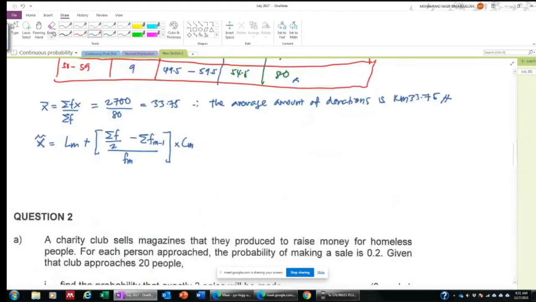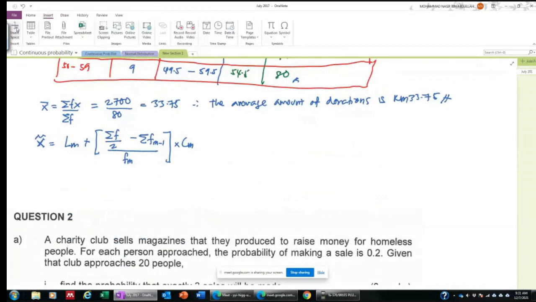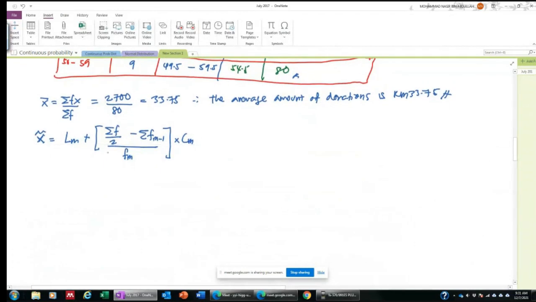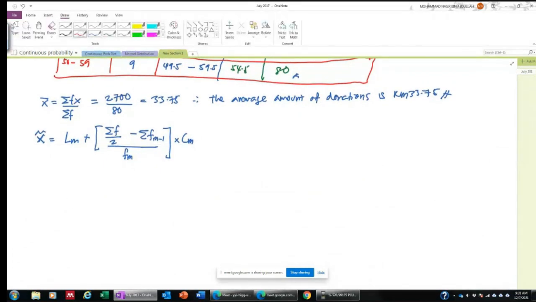So first step in calculating median, we need to find the position of median class, right? Position of median class should be summation of f divided by 2, which is 80 divided by 2 equal to 40.